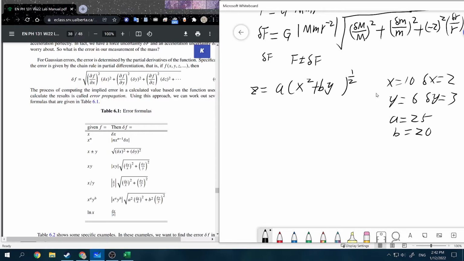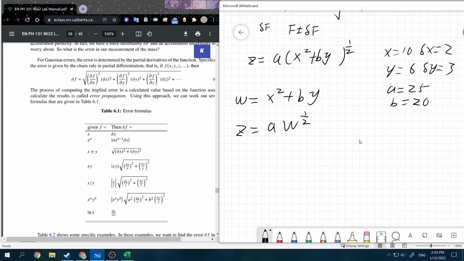So we're going to use a chain rule, which is my favorite in this class. So w equals x squared plus b times y. Now z equals a times w to the power of half, right?